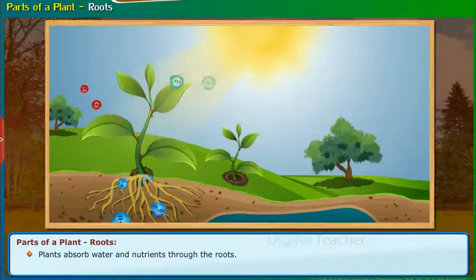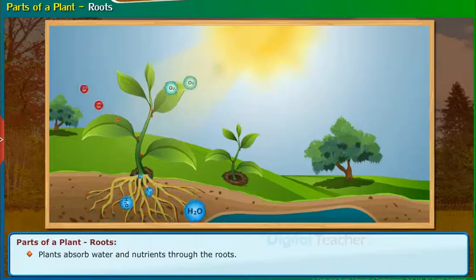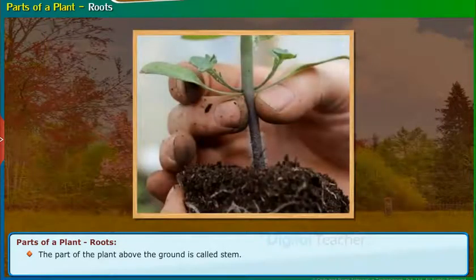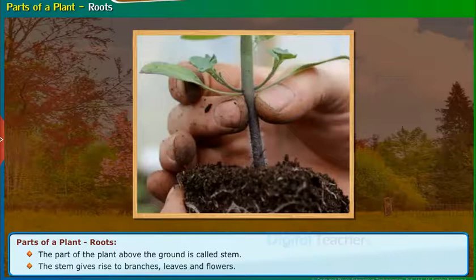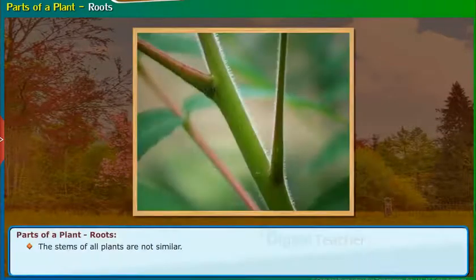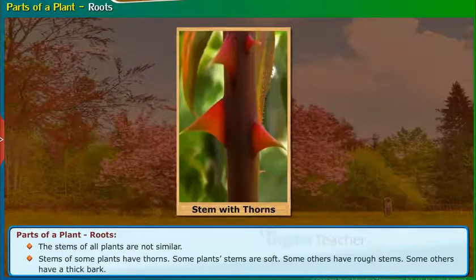Next, let us study the other important part of the plant, the stem. The part of the plant above the ground is called stem. The stem gives rise to branches, leaves and flowers. The stems of all plants are not similar. Stems of some plants have thorns.